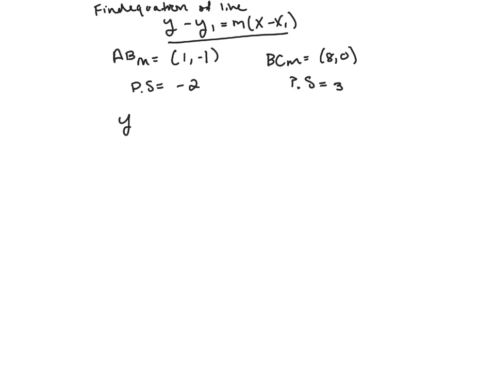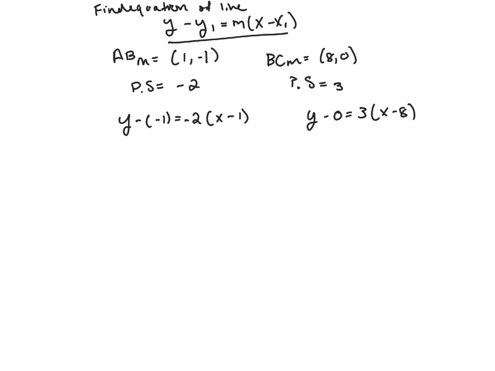Now we just need to solve for the equations using this formula. So y minus negative 1 equals negative 2 times x minus 1, because our slope is negative 2. This one would be y minus 0 is equal to 3 times x minus 8.